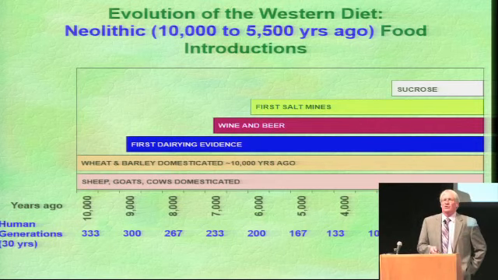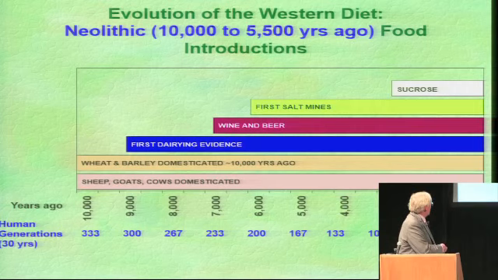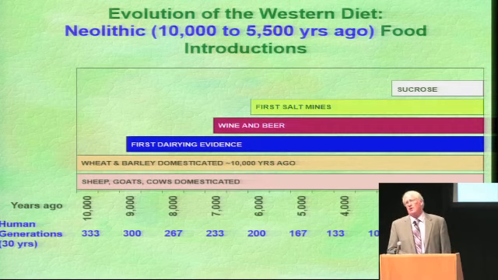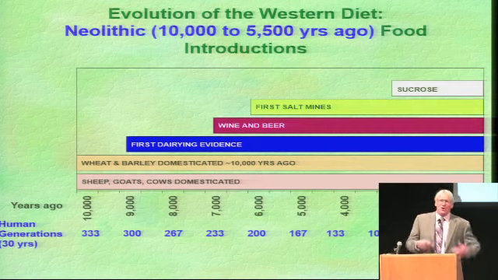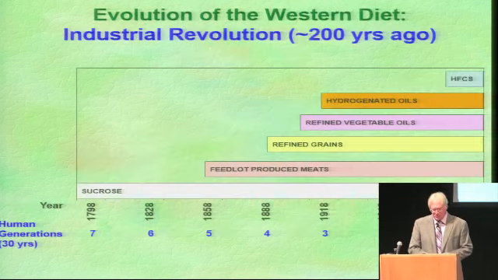Even though 10,000 years ago seems historically remote, from an evolutionary time scale, that is really very small in terms of human generations. Only 333 human generations have come and gone since agriculture began in the Middle East. For most of us, it's even shorter still. For most people of Northern European ancestry, agriculture didn't come into play until about 5,000 or 6,000 years ago.